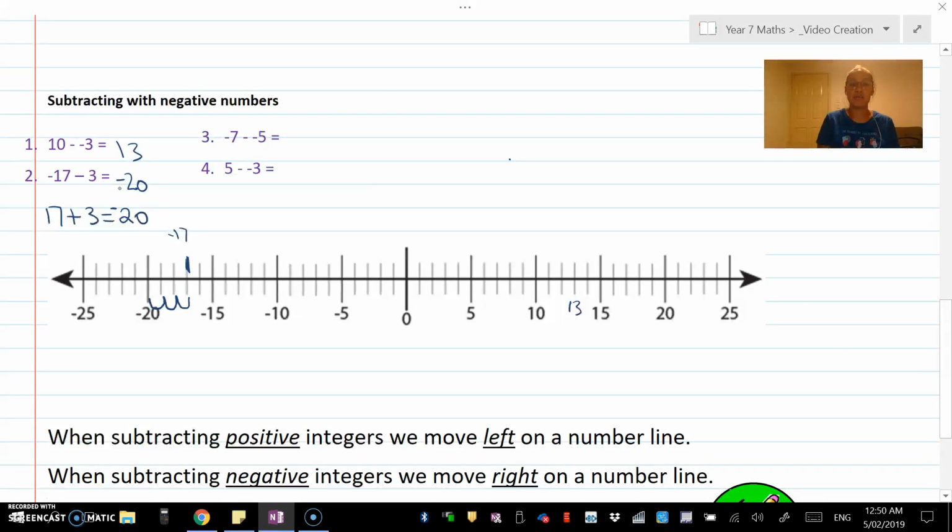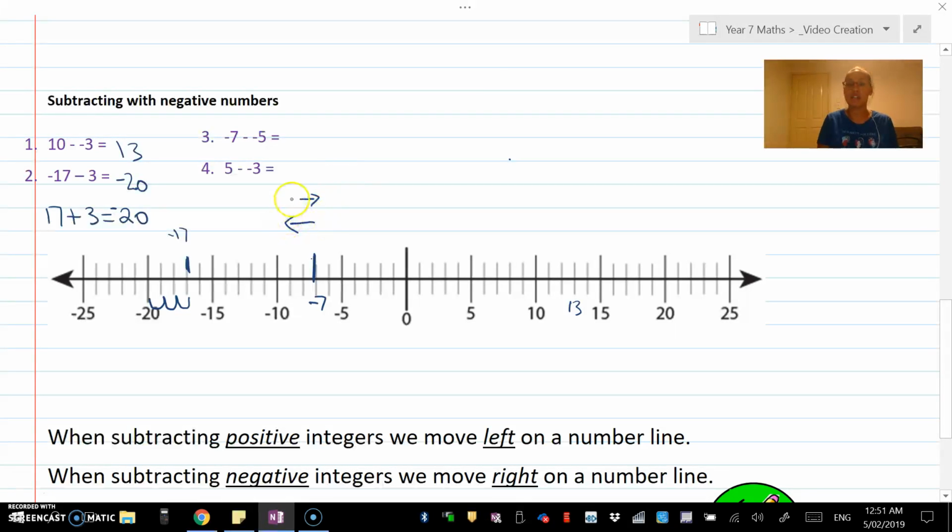Okay, so number 3 here, -7. So we would find -7 on your number line. And it's going to be subtract, so you would go in this direction first, minus, subtract -5. So notice, remember when I said before with the adding, I said addition and negative, and it flips it around. It's the same again with subtraction.